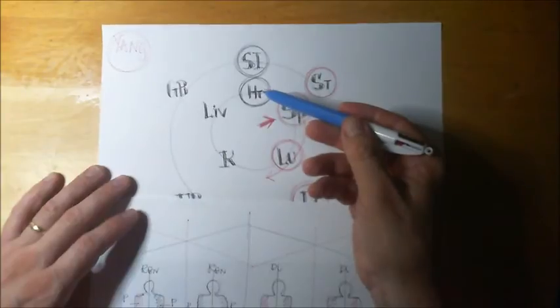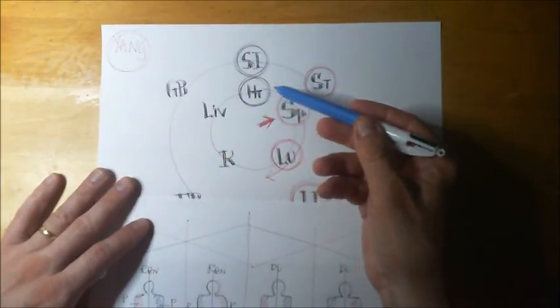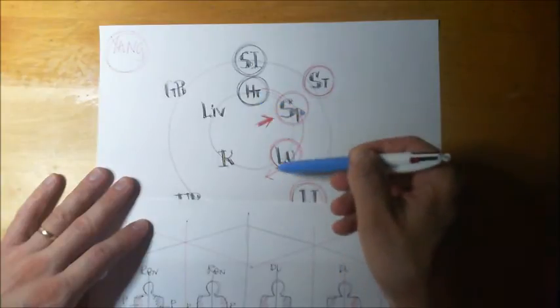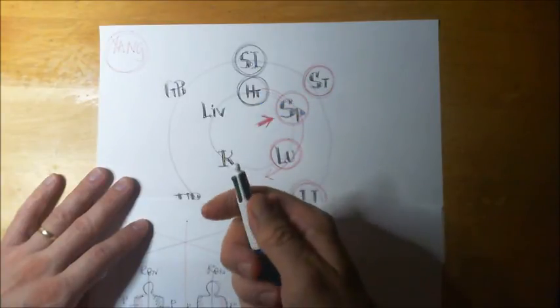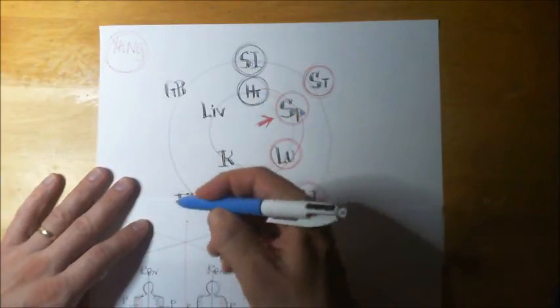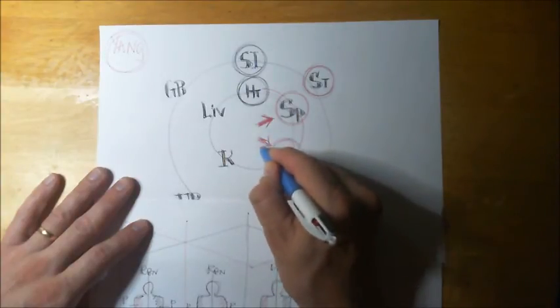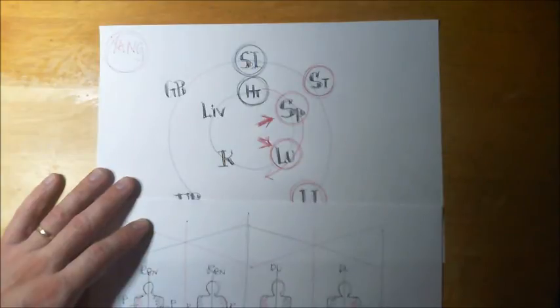So from yang excessive to yang deficient, from the heart to spleen and lung. So we will use the spleen and lung pair, tai yin.